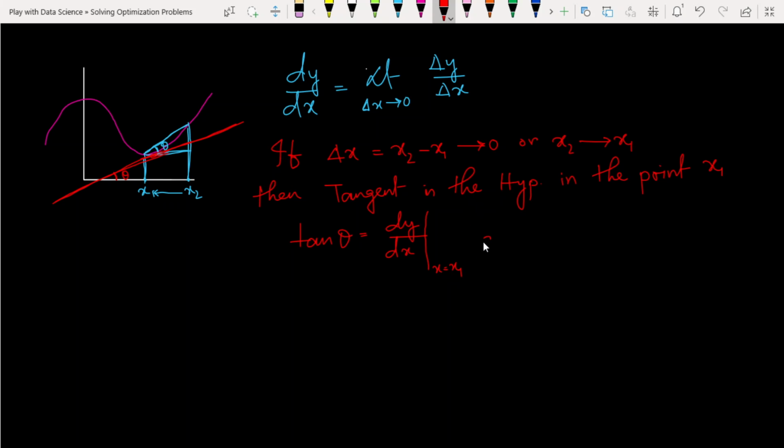Or it will be written as limit delta x tends to 0 of delta y by delta x. Simple. I think all the ideas are now clear.